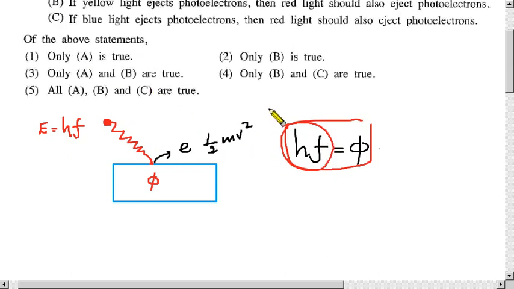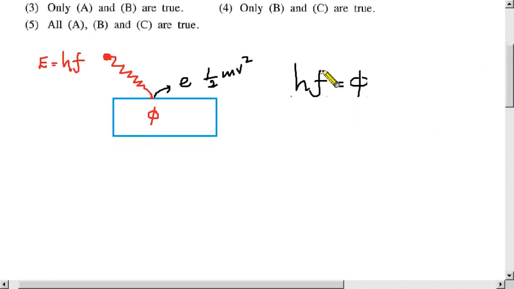So that is what we have to compare, the energy hf for all these colors. So now we have to go to the electromagnetic spectrum, because there is a relationship between this f and the color. We know this f must be higher to eject an electron, because the energy should be sufficient. So let us now go to the spectrum.